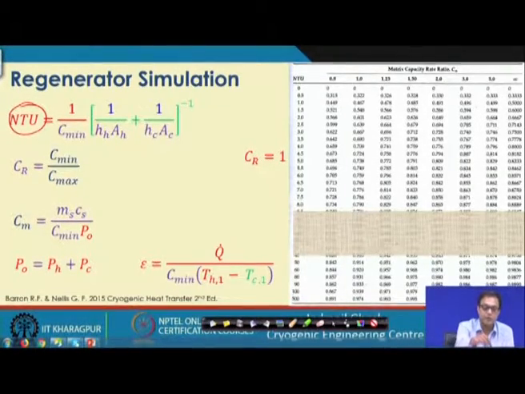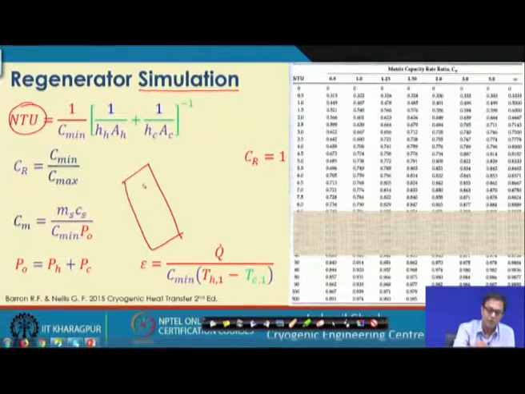You may remember that when we talk about the simulation, that means the regenerator matrix and all the internal things are known: its geometry is known, the inlet temperature of the hot fluid is known, and the inlet temperature of the cold fluid is also known.